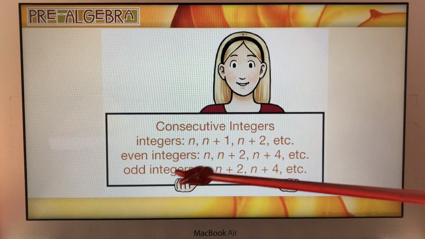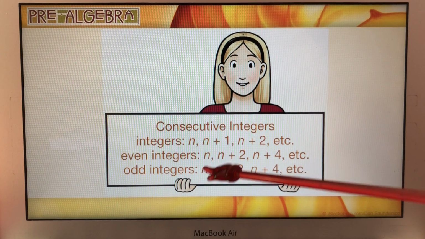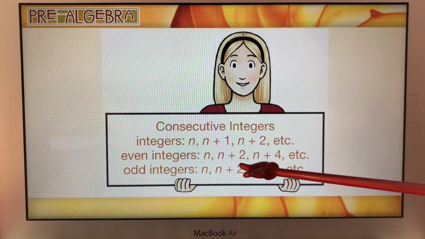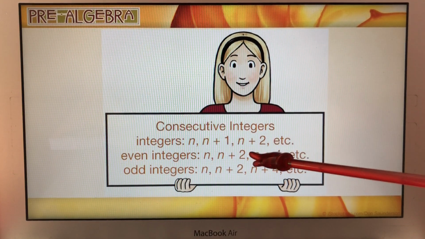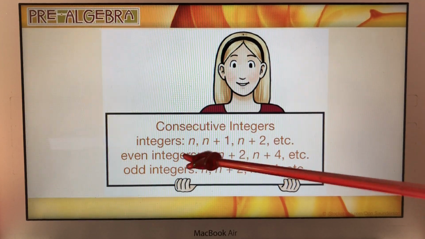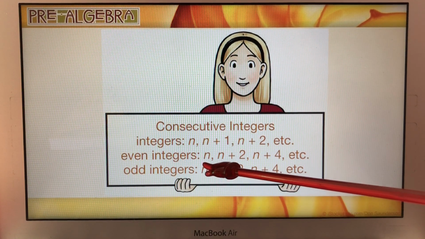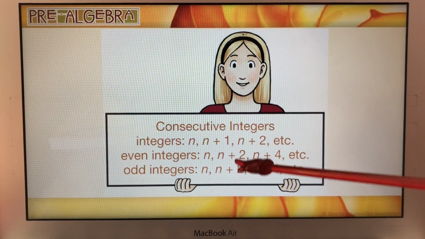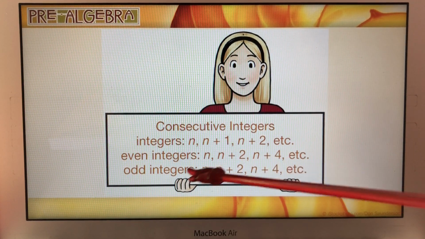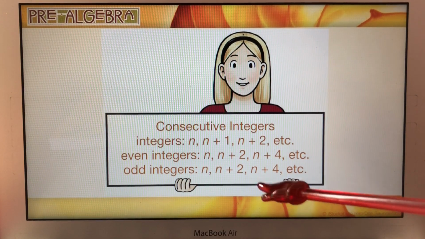Now, let's say you want to find consecutive even integers. Okay, so we would define our integers as n, n plus 2, n plus 4, n plus 6, because even integers and odd integers also are 2 away from each other, right? Like 2, 4, 6, 8, 10, 12, or 1, 3, 5, 7, 9, 11.